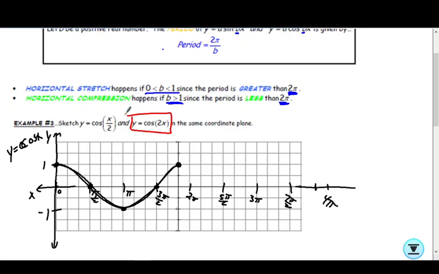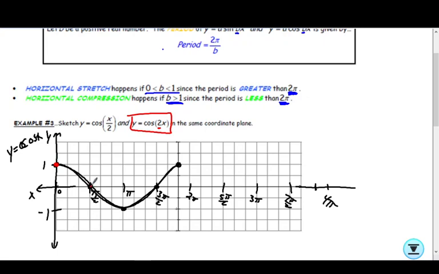Thinking back to original transformations and what it says right up here, if b is greater than 1, then it is a horizontal compression. In this case, b is 2. So we're compressing it. Basically, we're cutting all of my x values in half. That's what a horizontal compression does. So this coordinate, 0, 1, it cuts the x part in half. 0 times 1/2 is still 0.